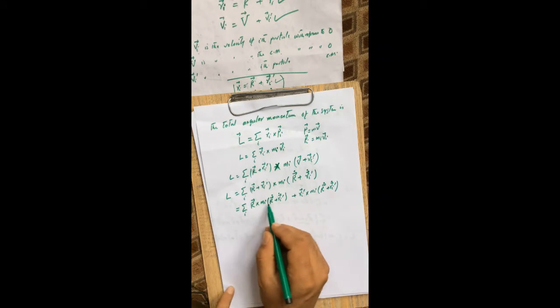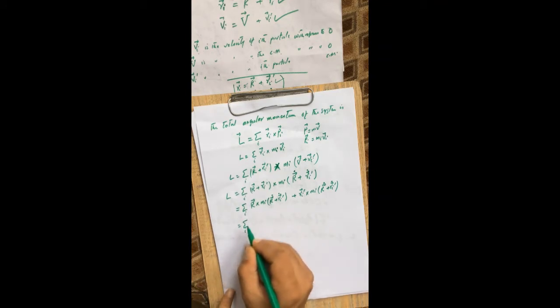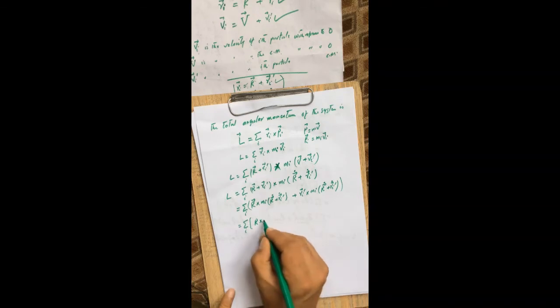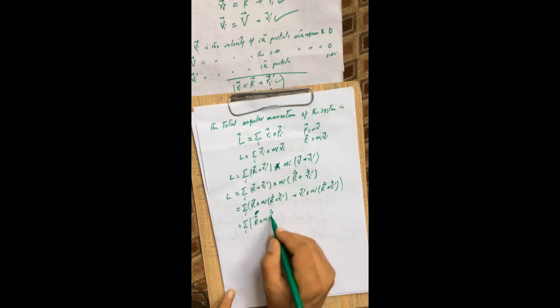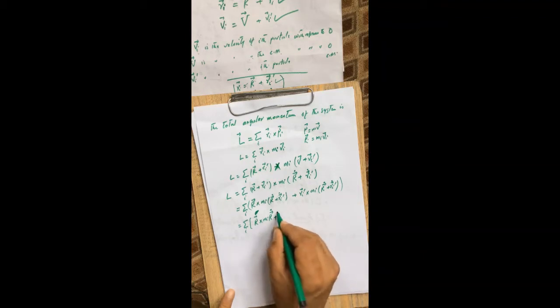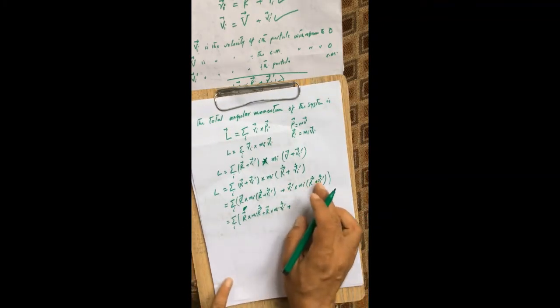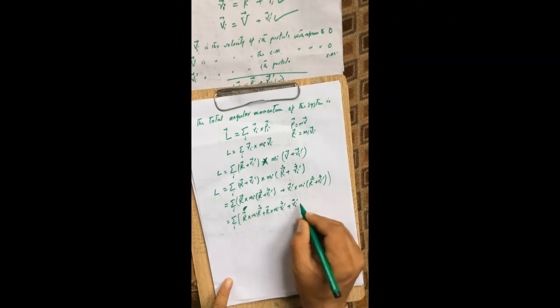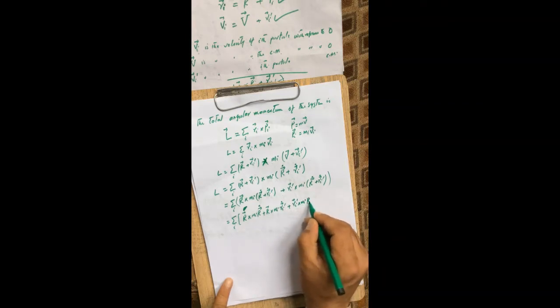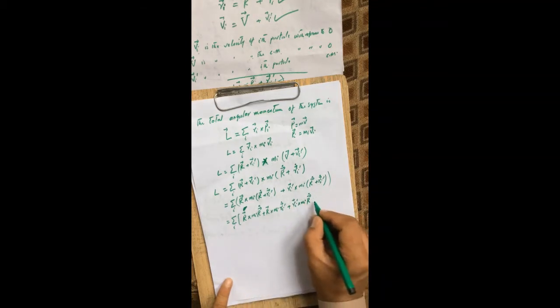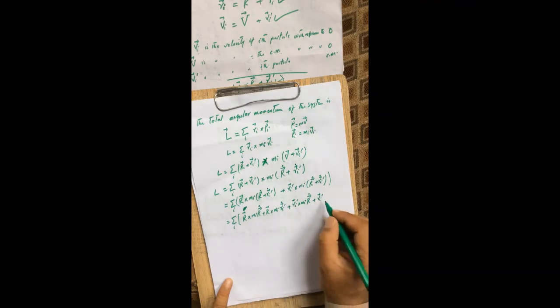Now I apply R to each term individually, so we have R cross Mi R dot, plus R cross Mi Ri prime dot, plus Ri prime cross Mi R dot, plus Ri prime cross Mi Ri prime dot.